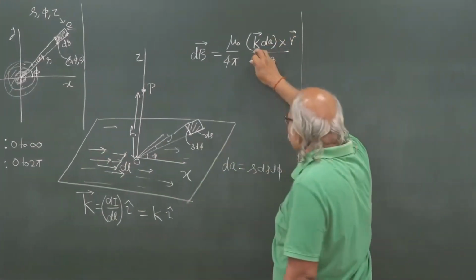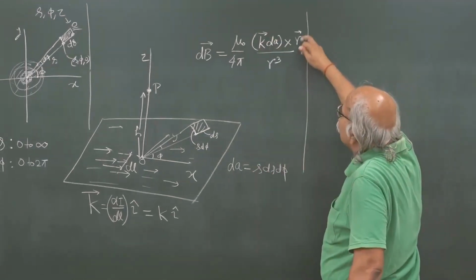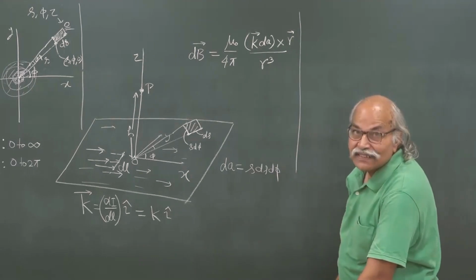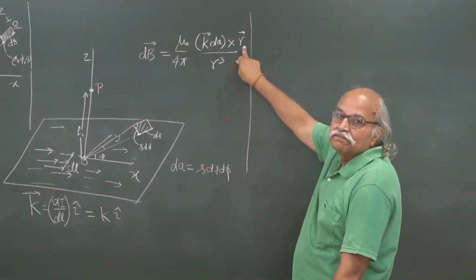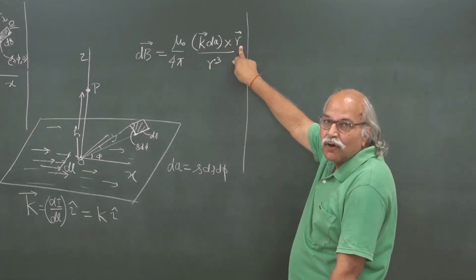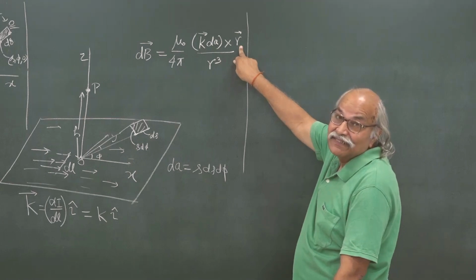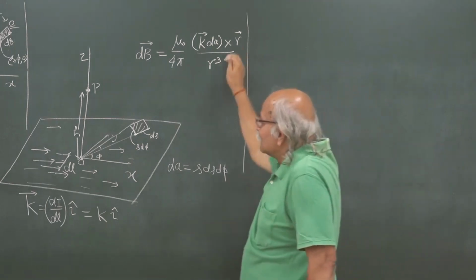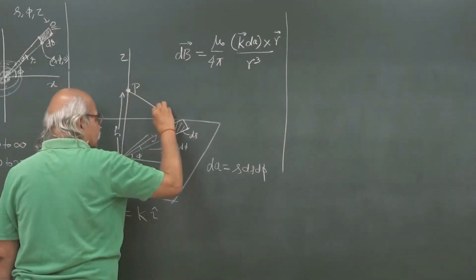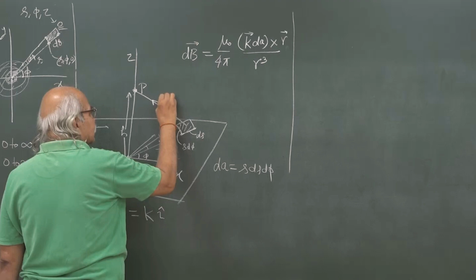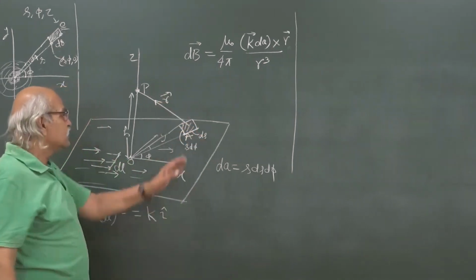For that, we have already written this dA here, so that we can substitute. Let us see what this r vector is once again. This r vector is the vector from the current element to the field point where the field is needed. So, in our case, it is this vector that I am talking of. If I call this point A, then it is AP.